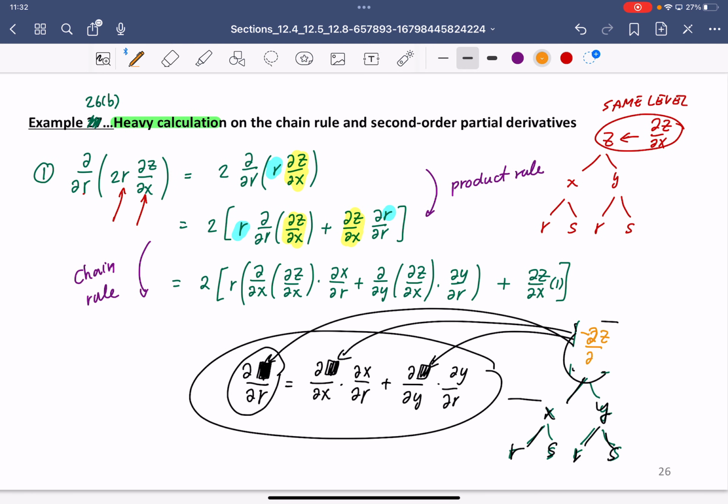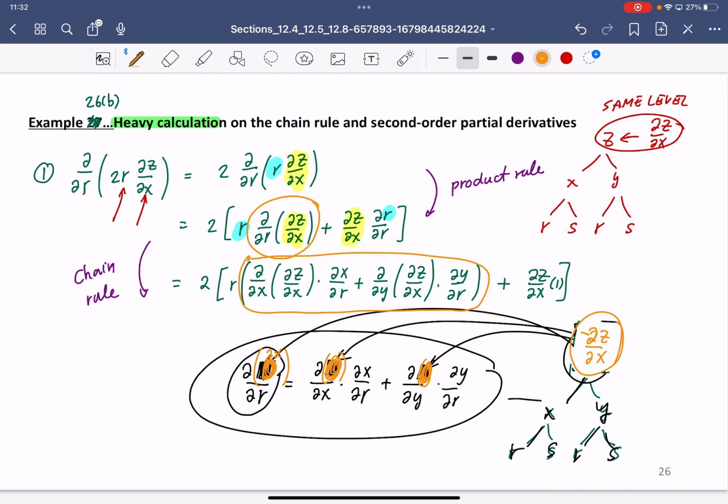You put ∂C/∂X inside there, because this term, you want it to be here.